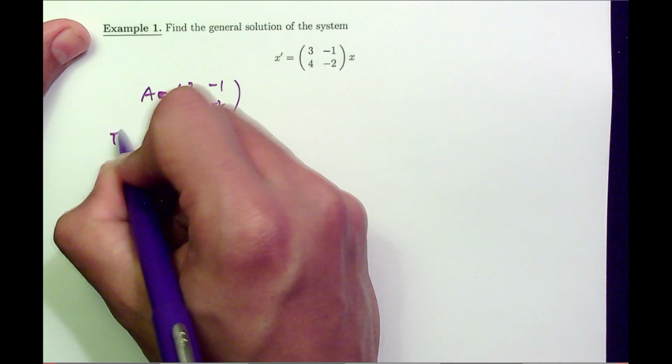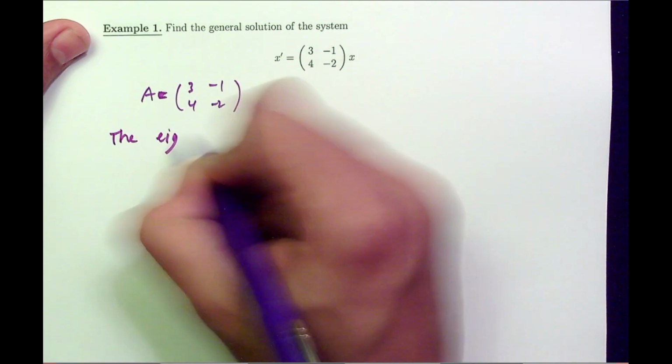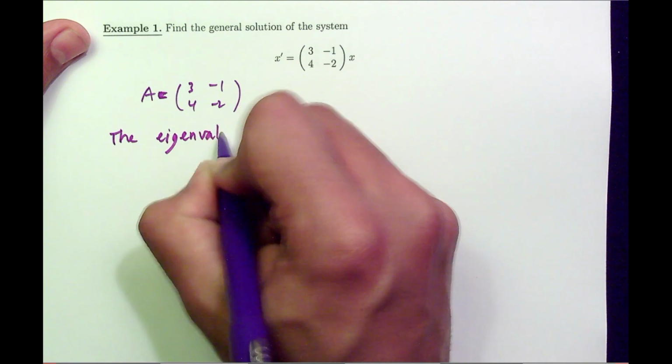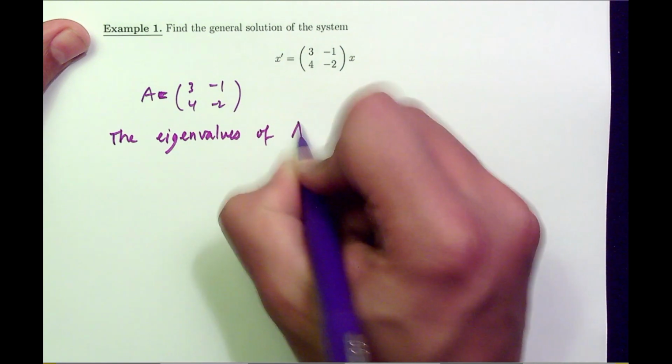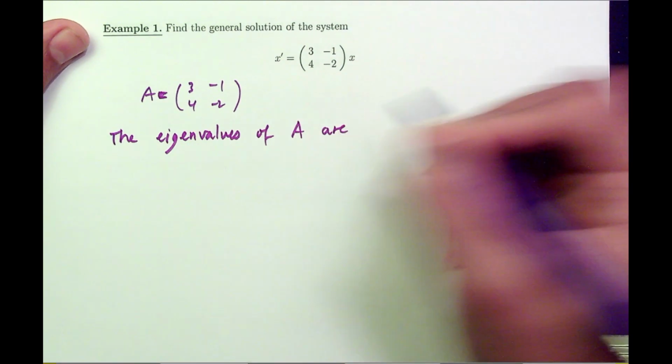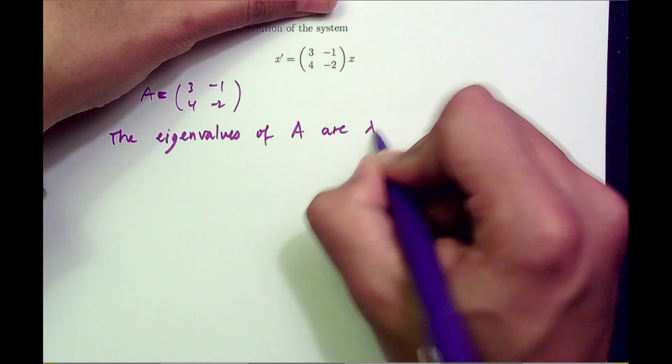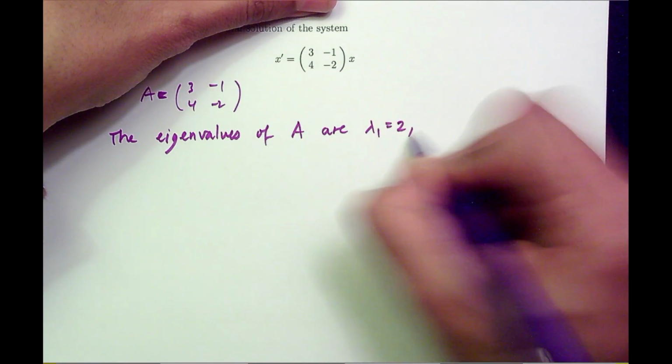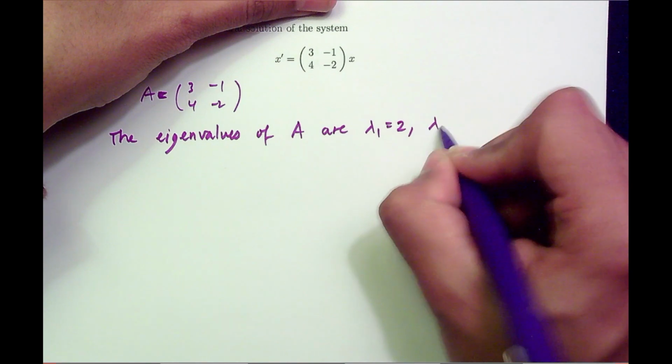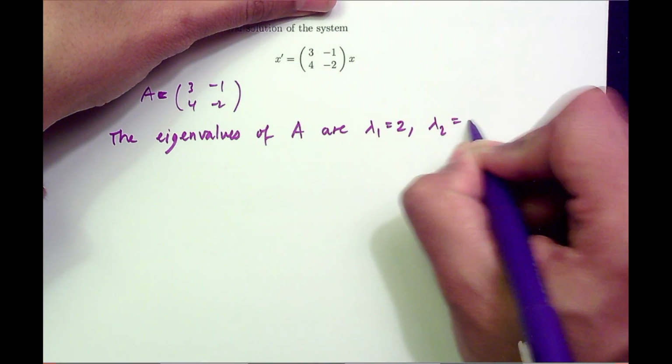The eigenvalues of A are lambda 1 equals 2 and lambda 2 equals negative 1.